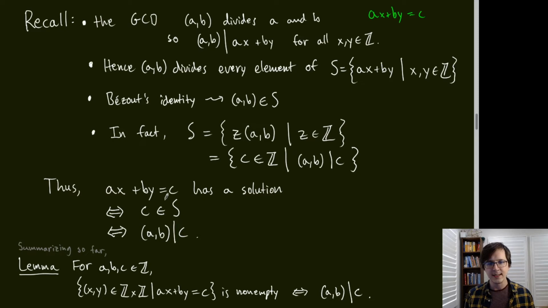And so, ax plus by equals c having a solution is equivalent to the GCD of a and b dividing c. So summarizing so far, whenever we have a, b, and c integers, then the set of all integer solutions to ax plus by equals c is non-empty if and only if the GCD of a and b divides c. So that is a more exciting condition than you might be used to with the real numbers.